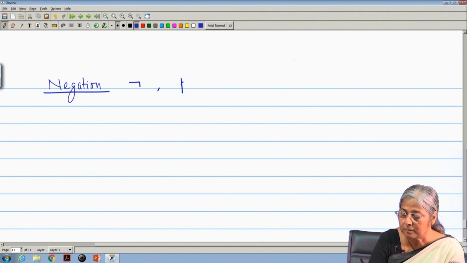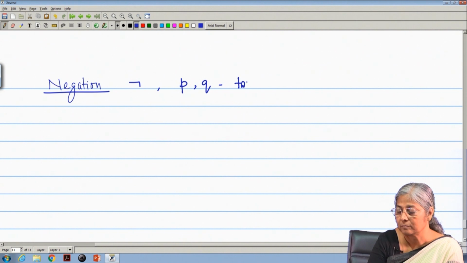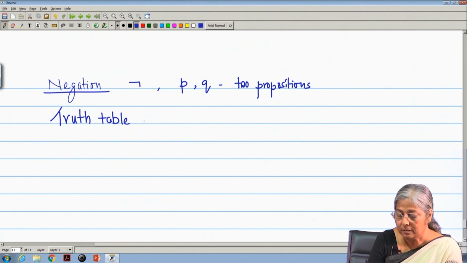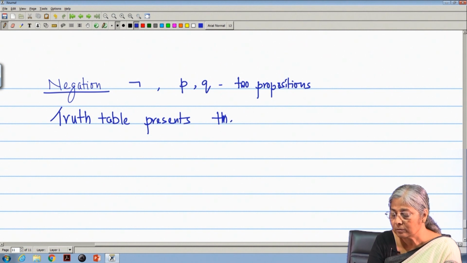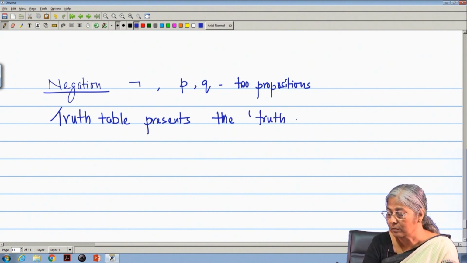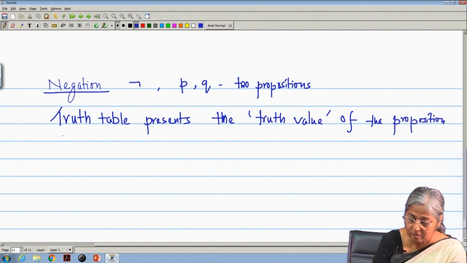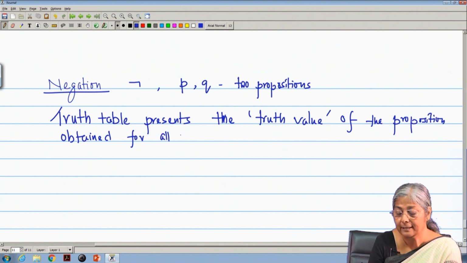If P and Q are two propositions, the truth table presents the truth value of the proposition obtained for all the assignments.